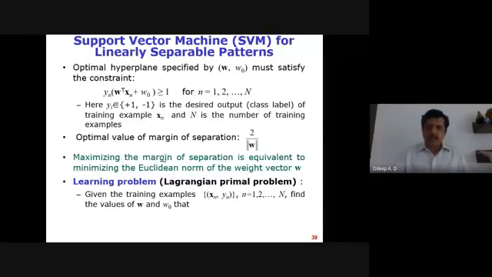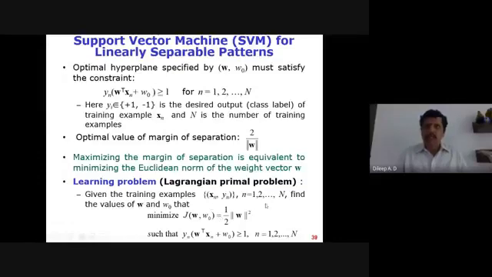So for all the N training examples, I am minimizing this Euclidean norm, and this is my constraint applied to each example. It's a constrained optimization problem.